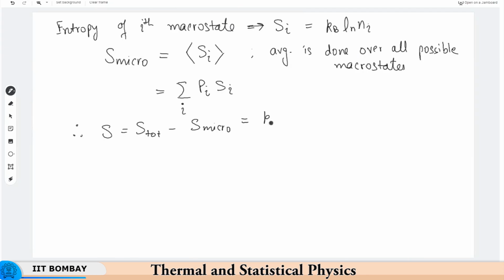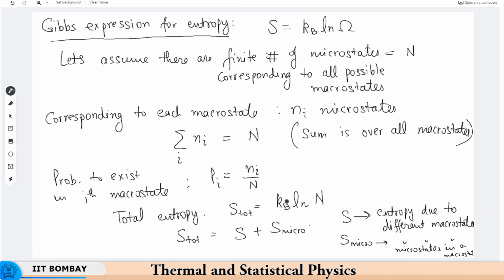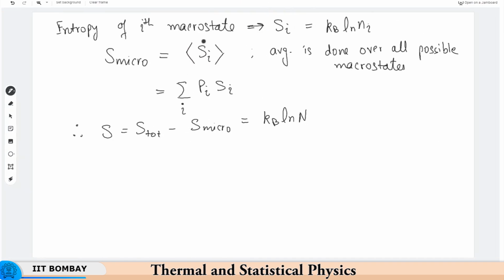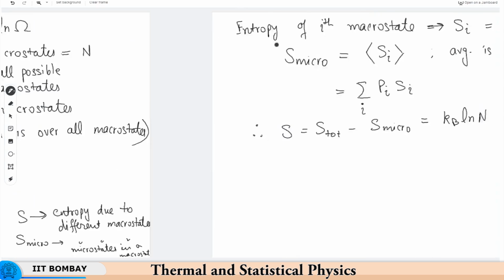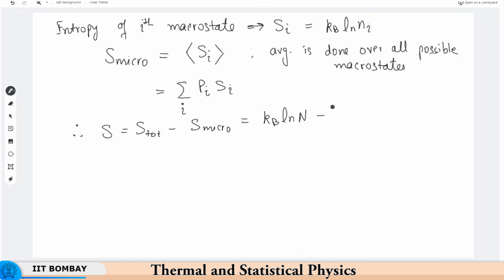Remember, this is the total entropy, S total, which is Kb times log n, minus this quantity, Pi Si.